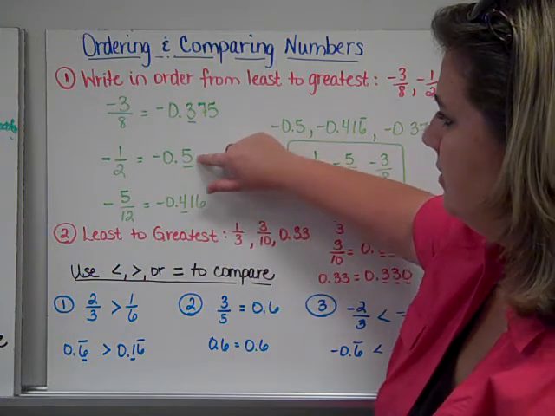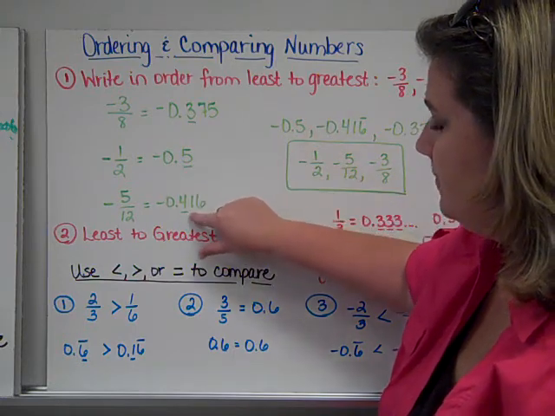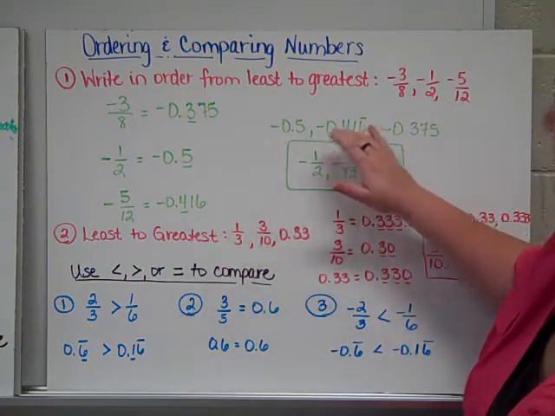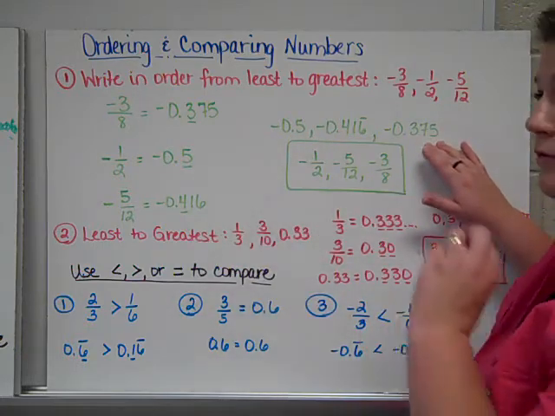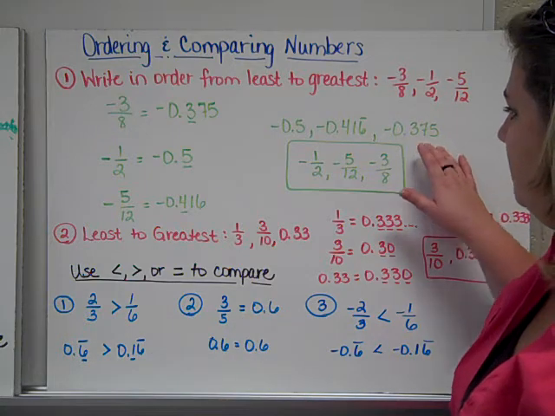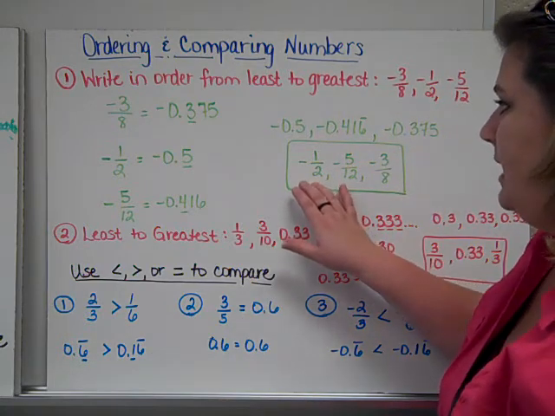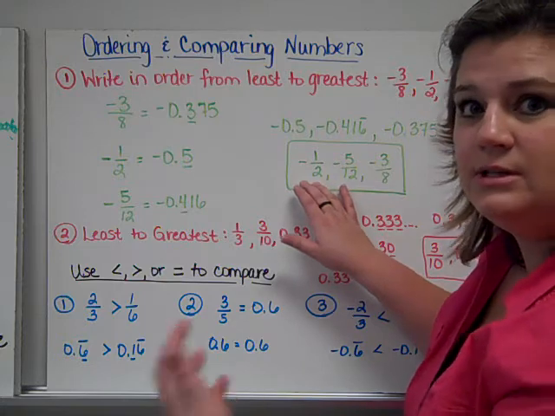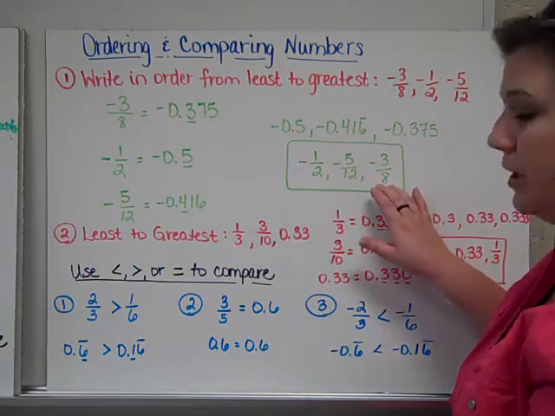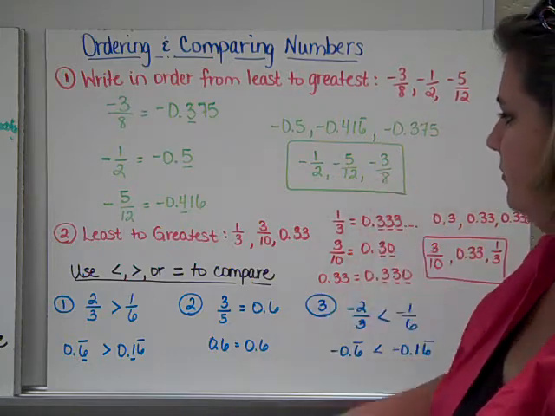So you notice, looking at the place values, keep in mind we're dealing with negatives, okay? Remember, with negatives, the farther away from 0, the lesser the number. So from least to greatest, I know that -1/2 is farthest away, so it's definitely the lesser number, and it would become in this order, all right?